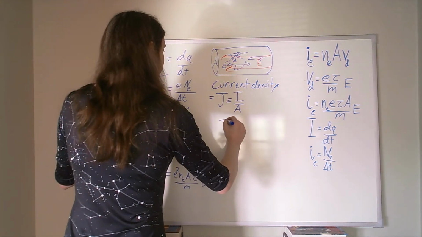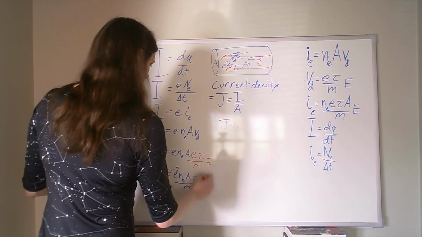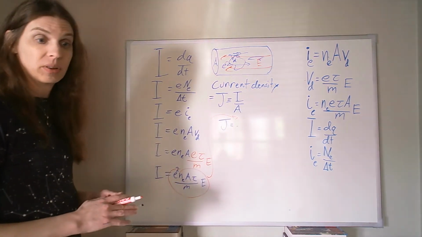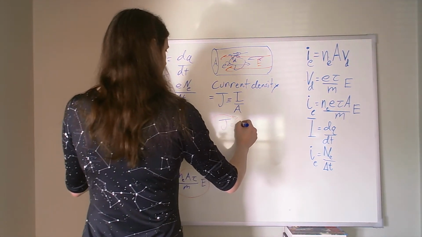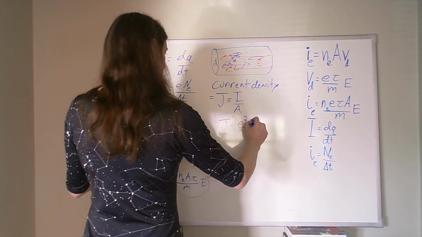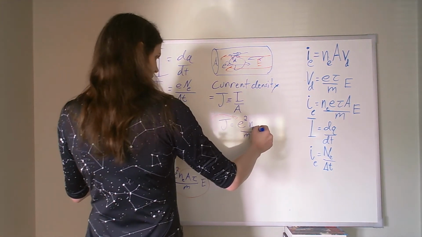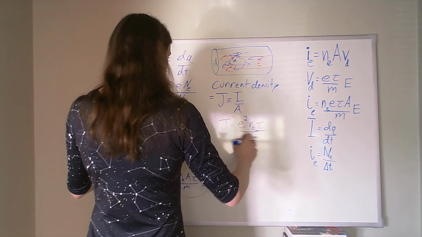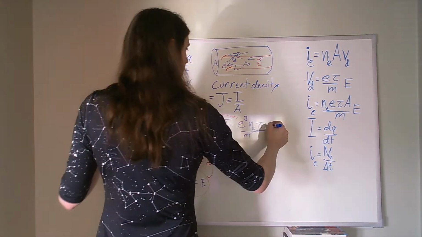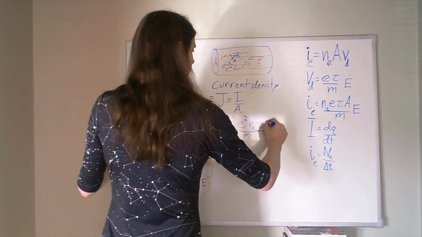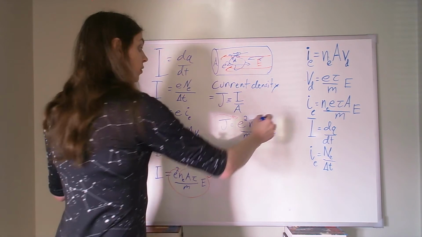And so we do that and put our equation for current that we determined before in here, and we get that it's equal to fundamental charge squared times the electron density divided by the mass of our electrons times the average time between collisions, the mean collision time, times that cross-sectional area, and then divided by that cross-sectional area again. So they get to cancel.